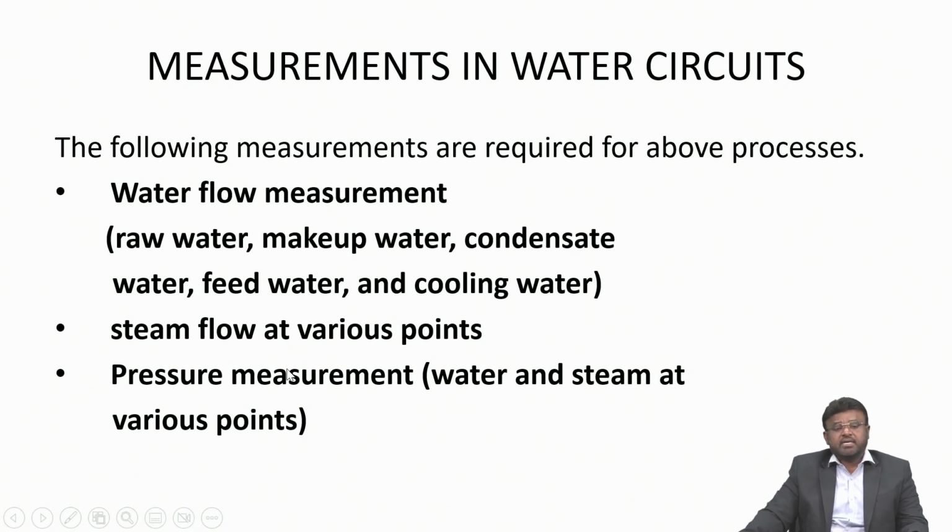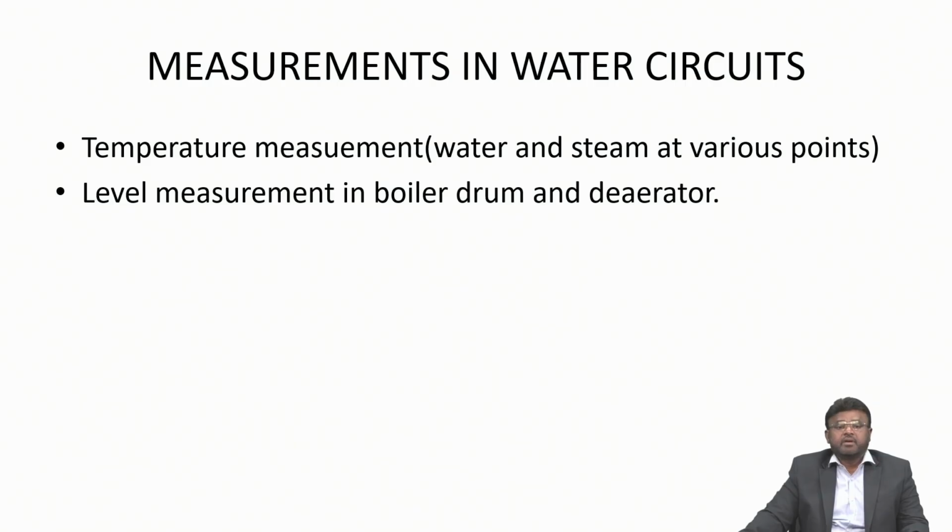In addition to that, at various points we need to measure the steam flow after the steam is obtained from the boiler. Another one is pressure measurement, which is also an important aspect, particularly in water as well as steam lines at different points.